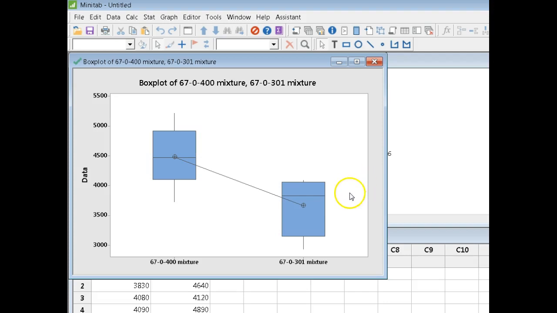The other thing to note is that in general, the 400 mixture tends to give me higher values. It's got a higher min, Q1, median, Q3, and max than the 301 mixture. So it won't really be a surprise if the results tell me that this concrete mixture overall has a higher average breaking strength than this one.